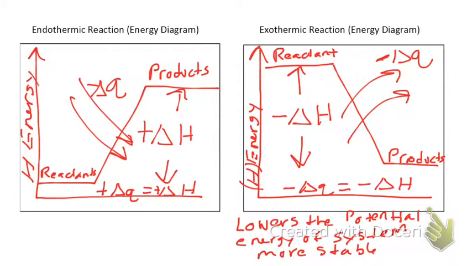And on the endothermic side, I would just say that the potential energy is increasing, so the system becomes less stable. That way, it gives you a reminder note of the importance of potential energy and the stability of a system. So there it is in a nutshell.